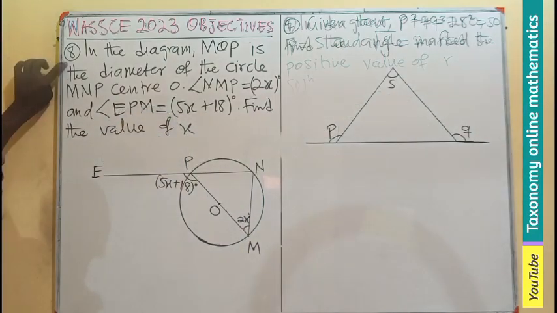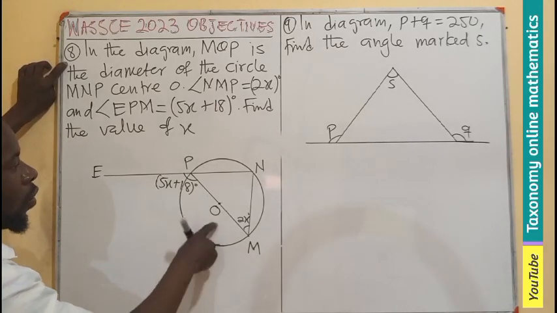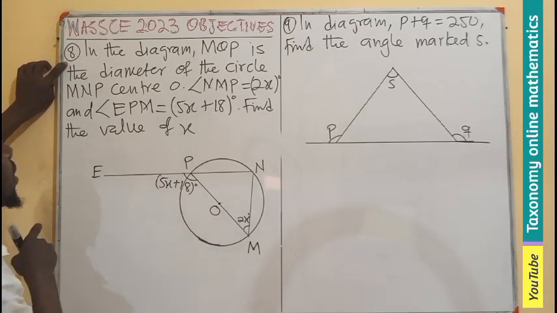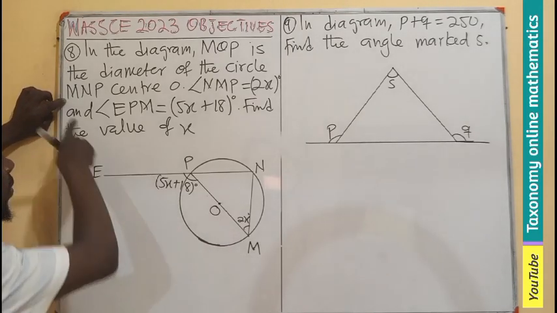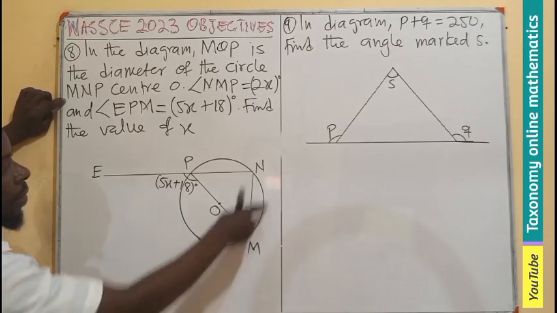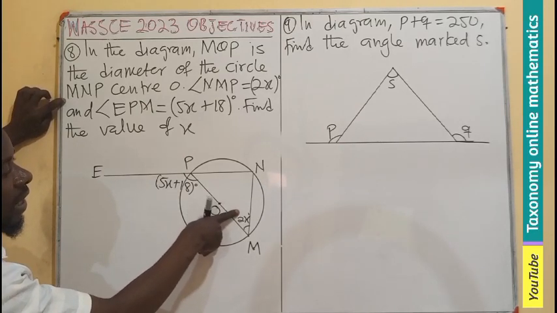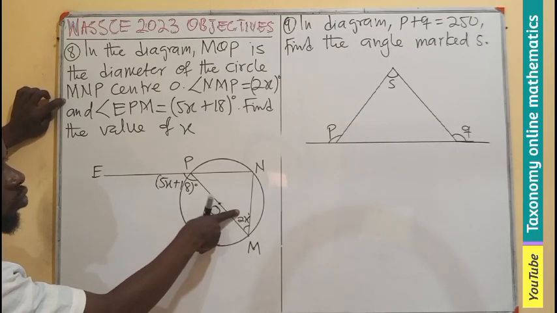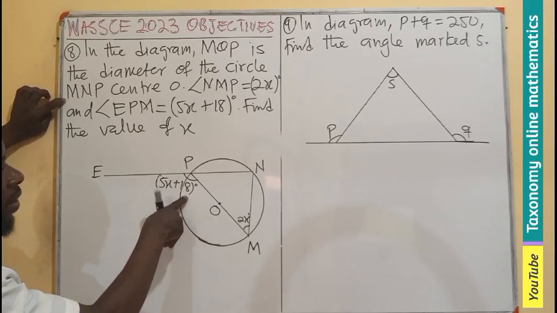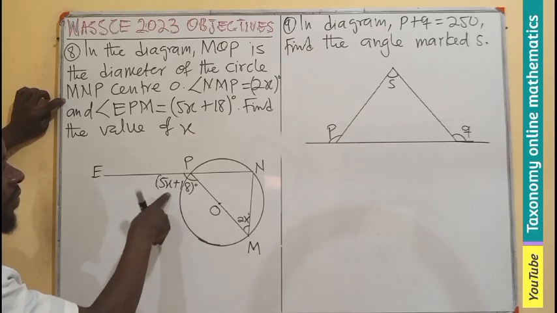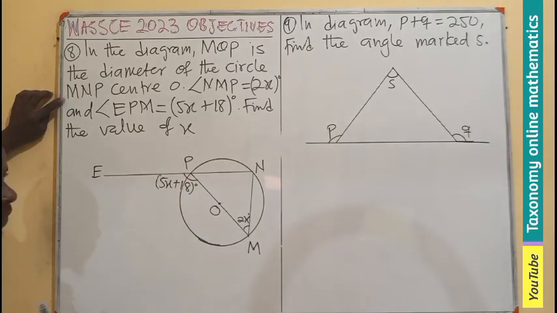Number 8. In the diagram, MOP is a diameter of the circle, which is MNP. The center is O. The angle here is given as 2x degrees. The angle here, which is the exterior angle to this triangle, is 5x plus 18. So we have to find the value of x.